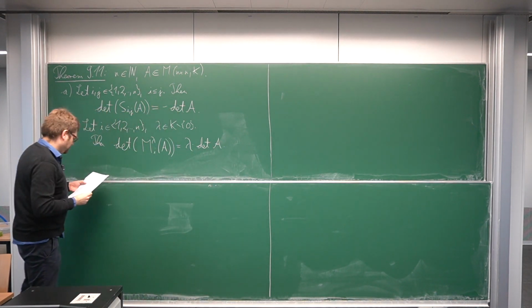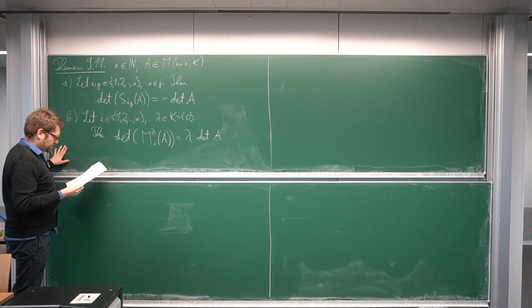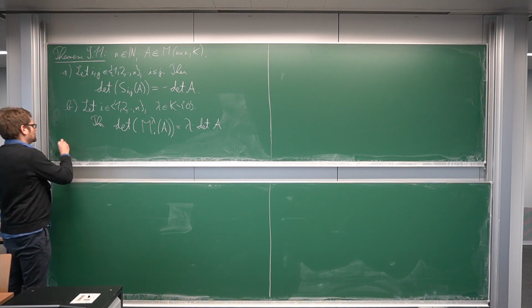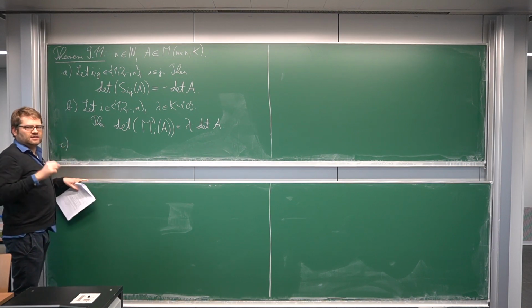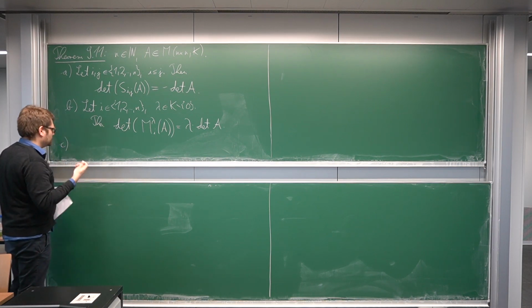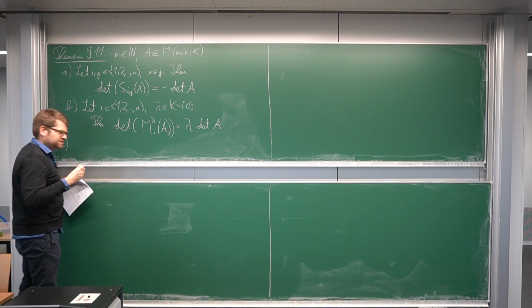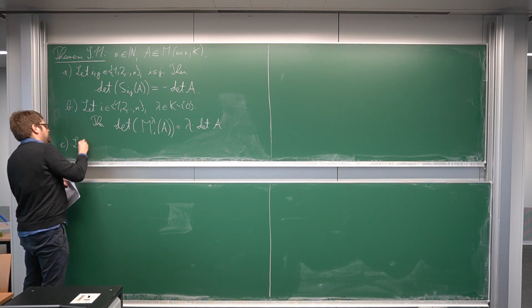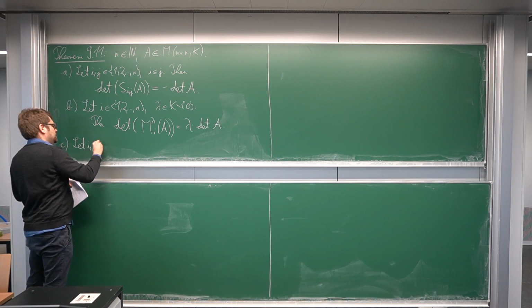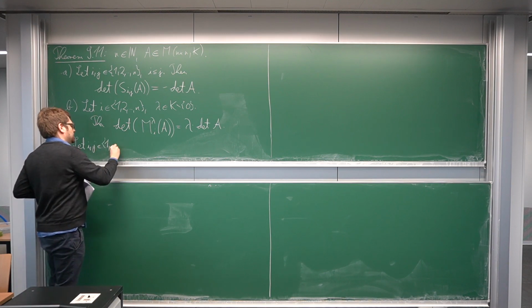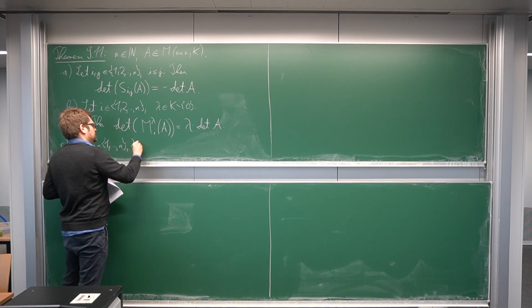Now we come to the third type, which is probably the most complicated thing one could imagine: adding a multiple of a row to another row. One might expect this to be the most complicated change in the determinant. But let i and j be between 1 and n, and lambda in k.